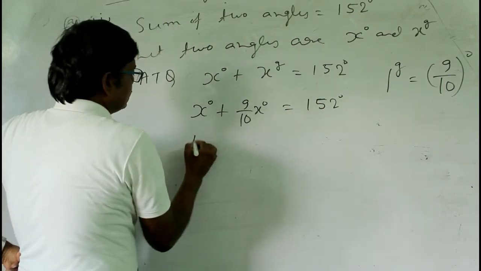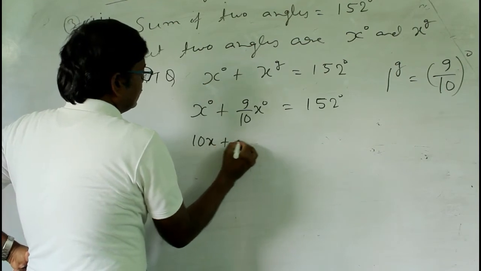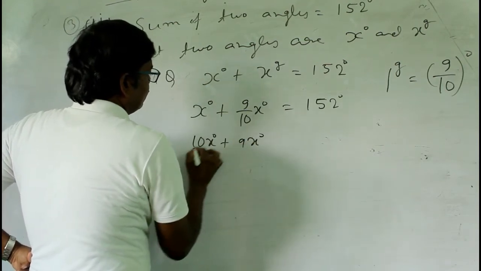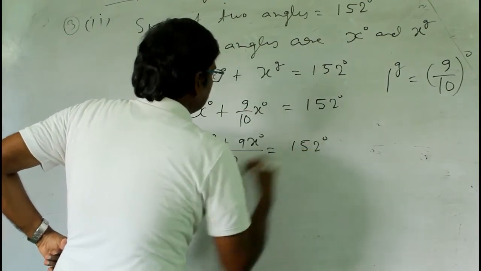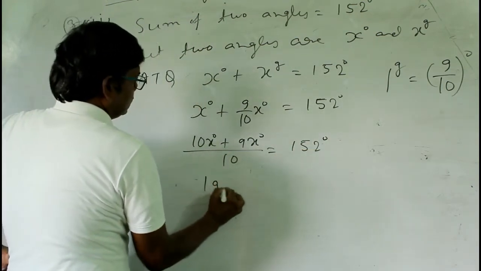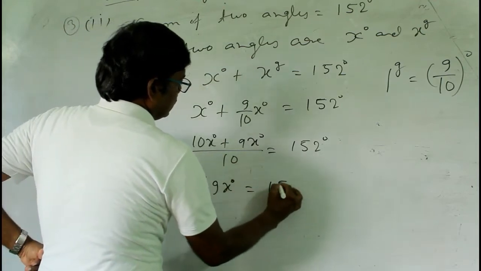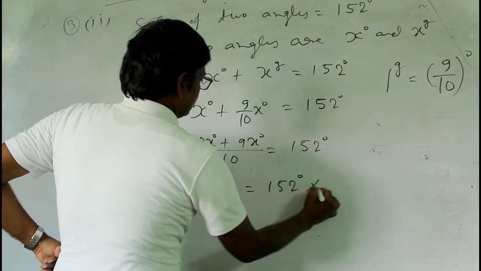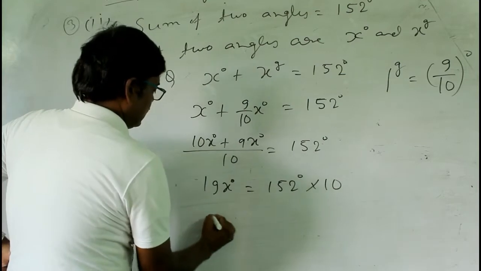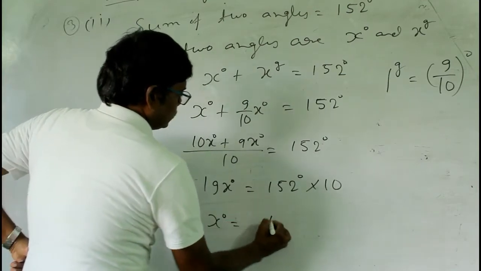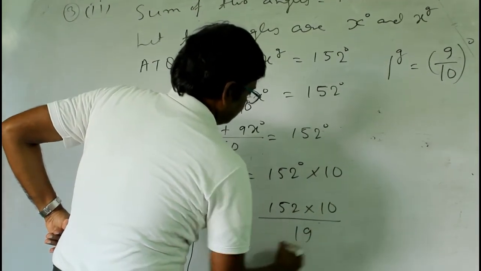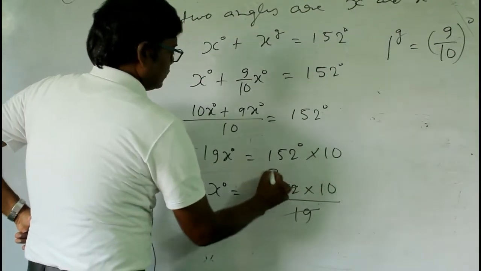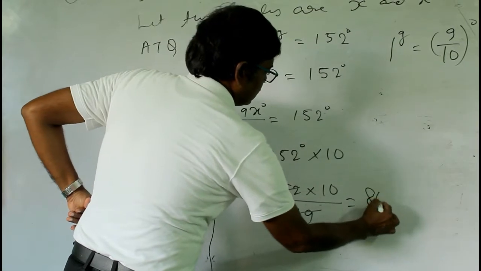Then solve this: it will be 10x degree plus 9x degree by 10 equal to 152 degree. Then 19x degree equal to 152 degree into 10, and then x degree is equal to 152 into 10 by 19. So it will be here 80 degree.